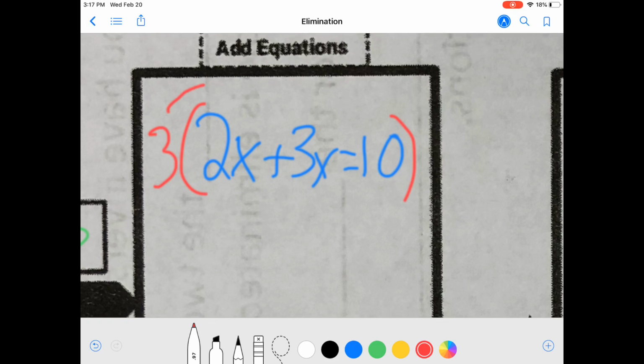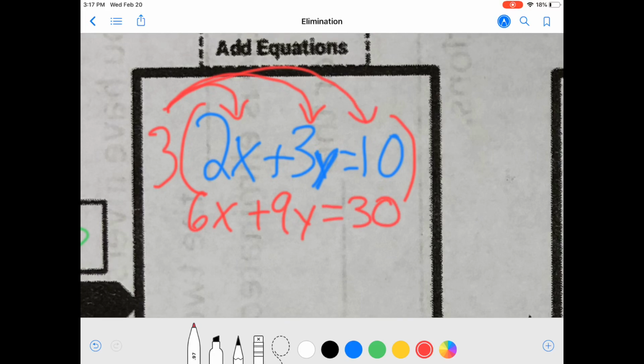So we've got 3 times 2x, which gives me 6x. We've got 3 times 3y, which gives me 9y. And then I've got 3 times 10, which gives me 30. So there's one of my equations.